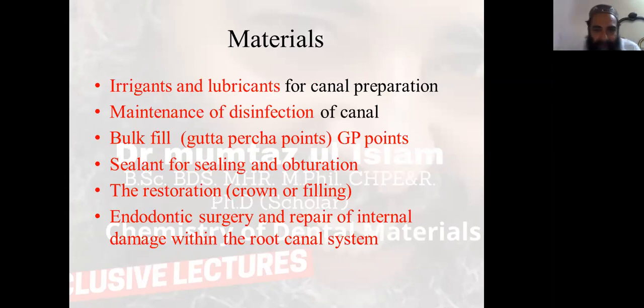Now, the materials are irrigants and lubricants for canal preparation and maintenance of disinfection of canals. For bulk filling, we use gutta percha points, also termed GP points. Sealant for sealing and obturation. Restoration either in the form of crown or filling.